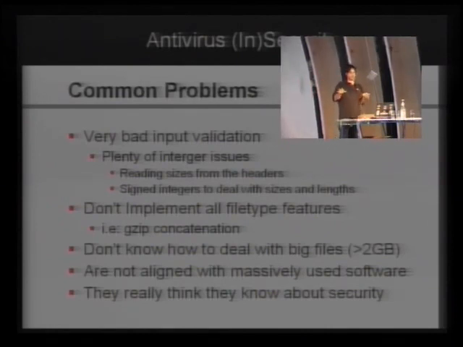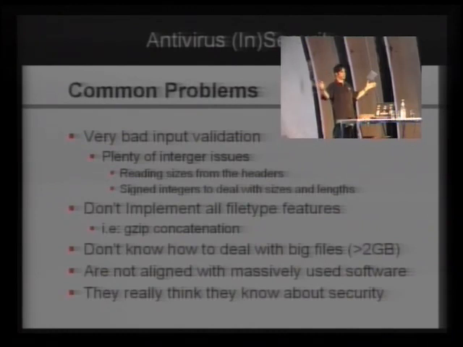gzip, and in the specification of gzip, you can actually concatenate different gzip files. So, for example, you gzip a file, and you gzip another file, and then you do cat file1 file2 and put the output in only one file.